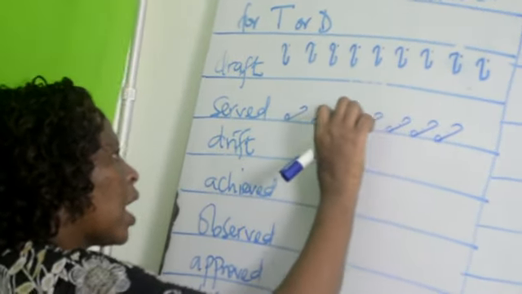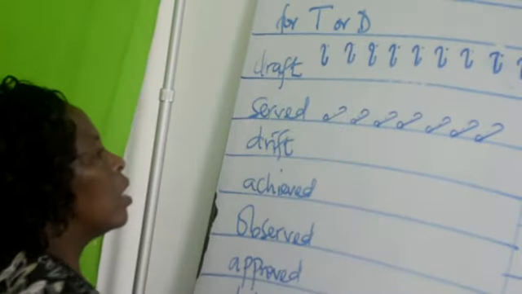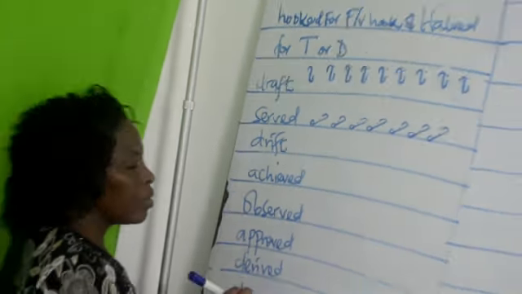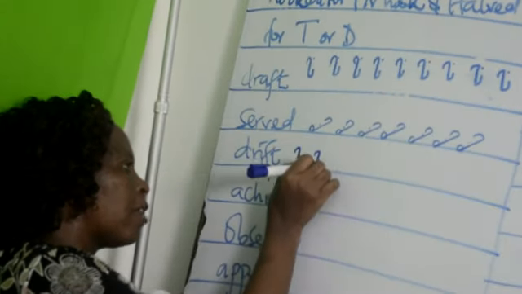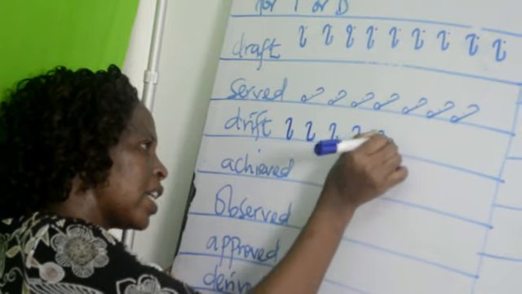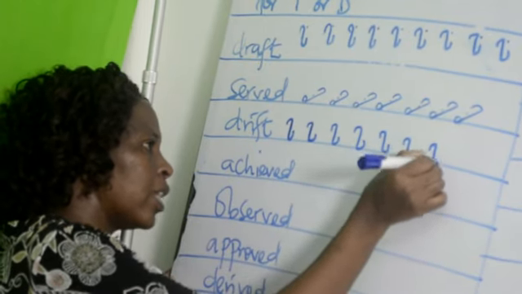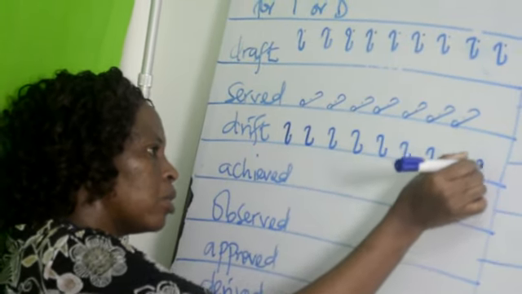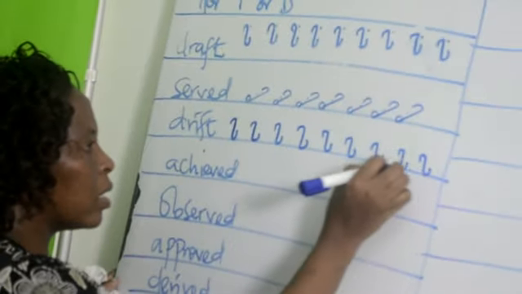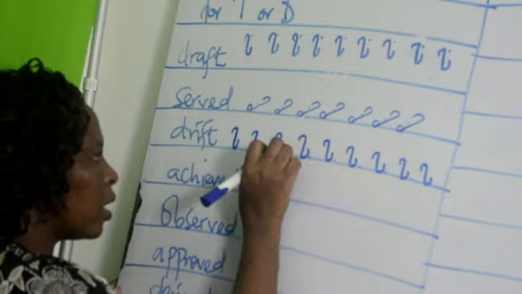So this is a halved upward ray for the following D. Then we have the word drift, a stroke of D hooked for R and also hooked for F. Just like the word draft, we are drilling it the same, but this one is on the line because we are using a short E.